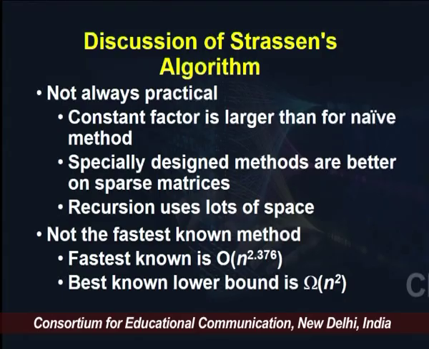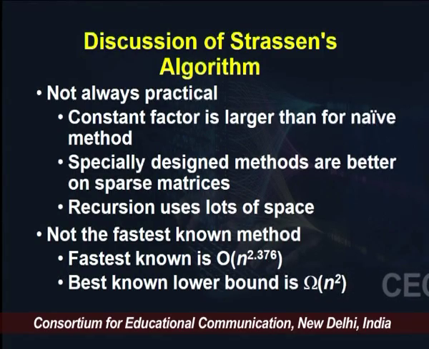There are specially designed methods which are better on sparse matrices, and Strassen is practically not very good with sparse matrices. Also, recursion comes with its own cost, which is a lot of space. And Strassen is not the fastest known method; the fastest known method gives a complexity of order n to the power 2.376.